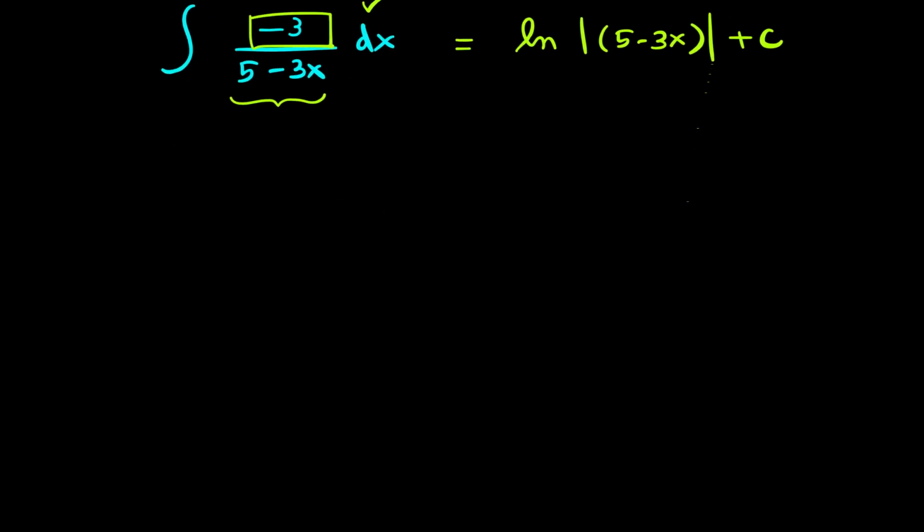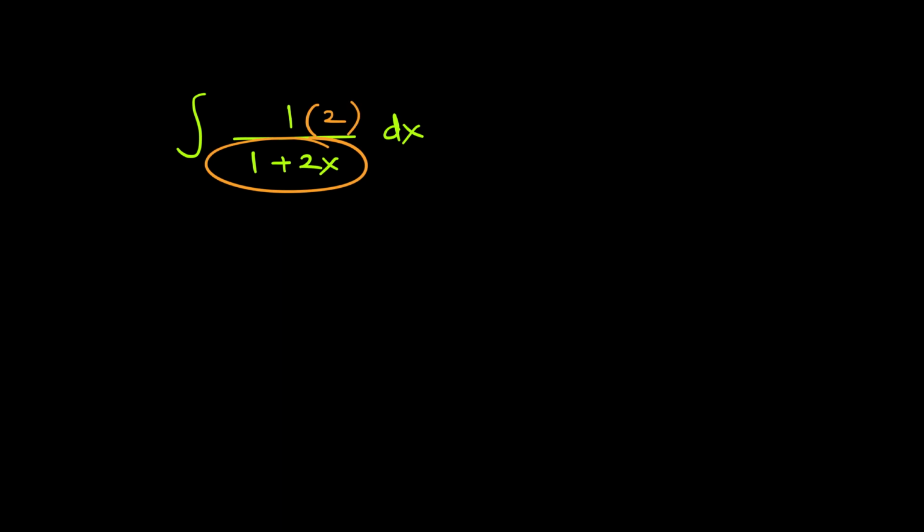What happens in a scenario like this? Integral of 1 over 1 plus 2x dx. Now, in such a scenario, the numerator is missing. It should be a 2. Since we are putting 2 ourselves, in order to balance it, we should put a half on the outside.